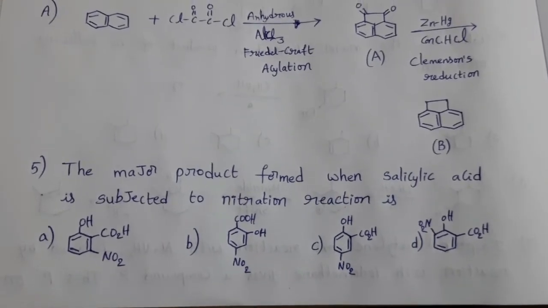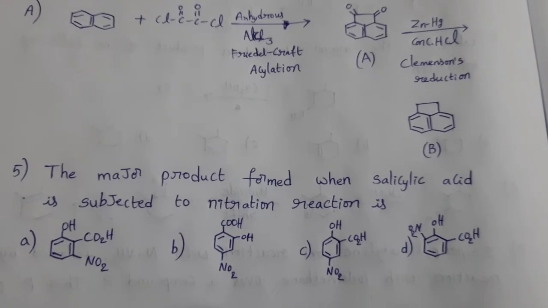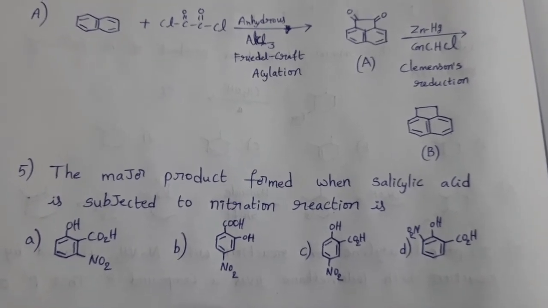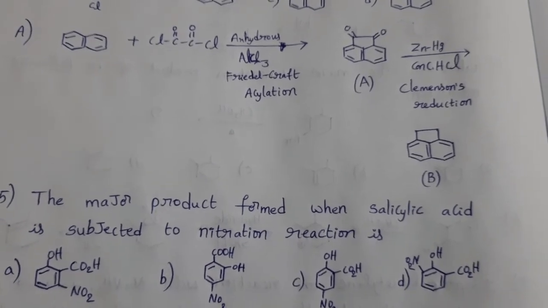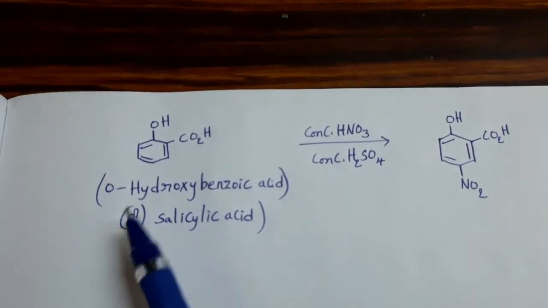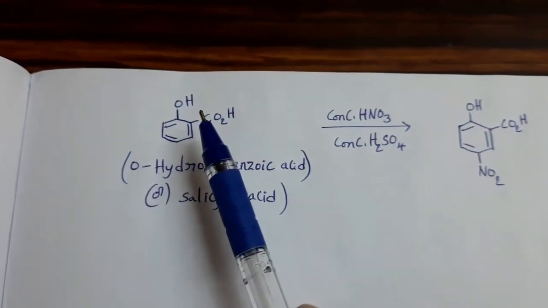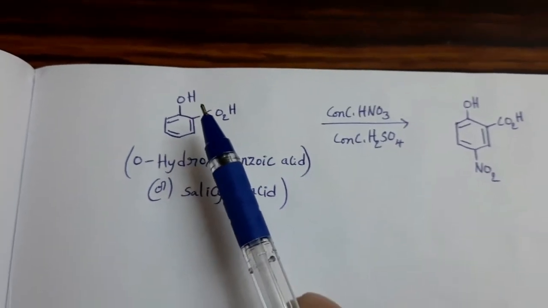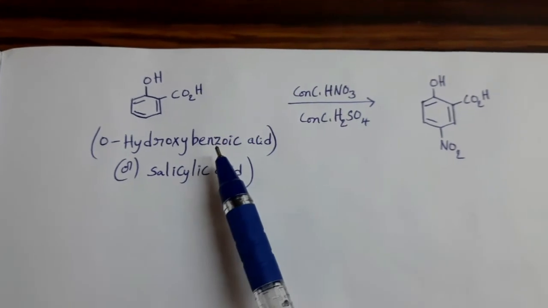The major product formed when salicylic acid is subjected to nitration reaction. So in this, our answer is there. We should identify the answer. See the reaction. Salicylic acid is nothing but ortho-hydroxybenzoic acid. The OH group is at the ortho position to COOH, that is called salicylic acid.